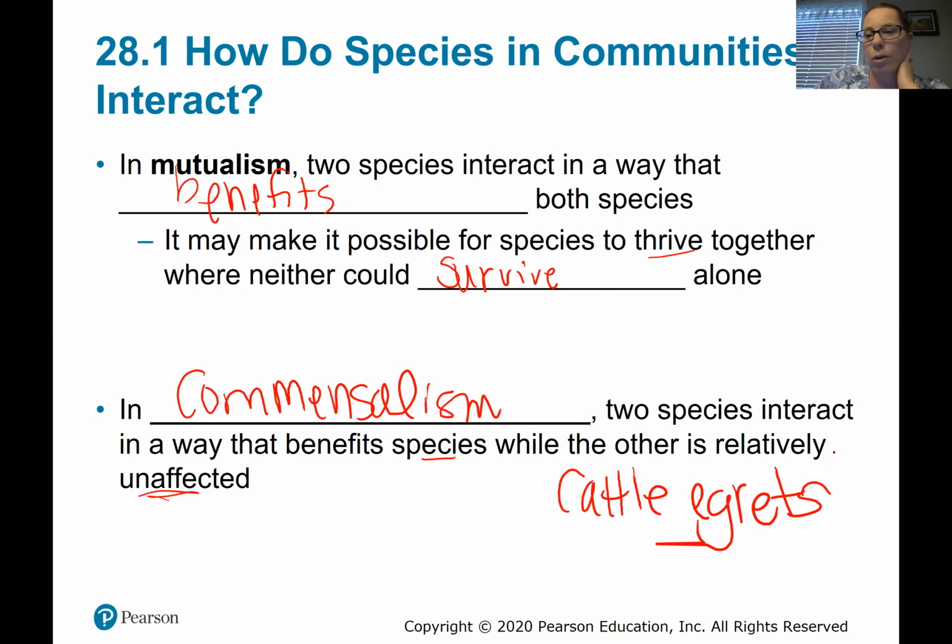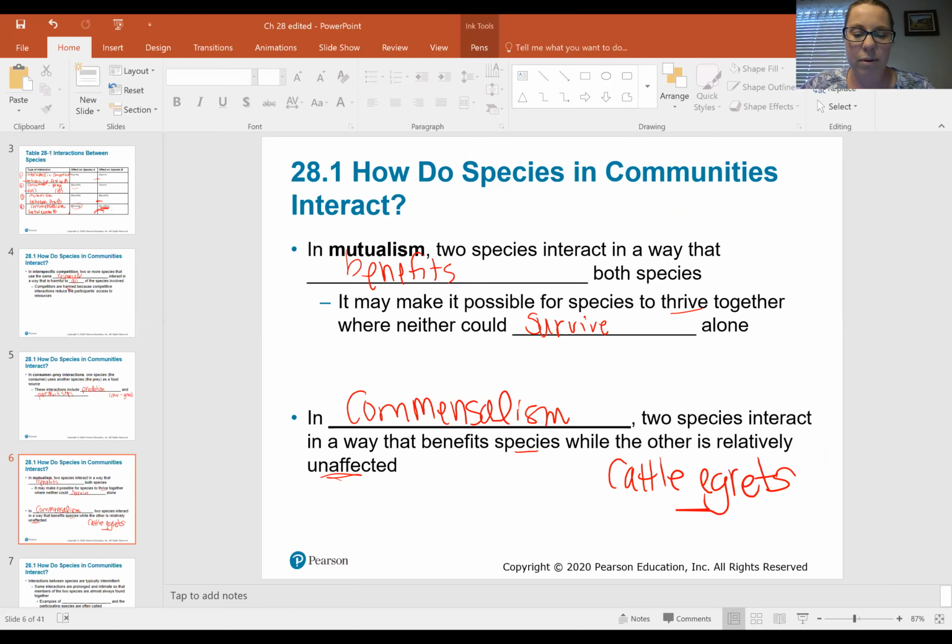Okay, cattle egrets are birds, and let me just see if I can pull up a Google image here.